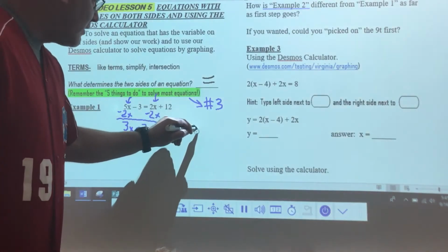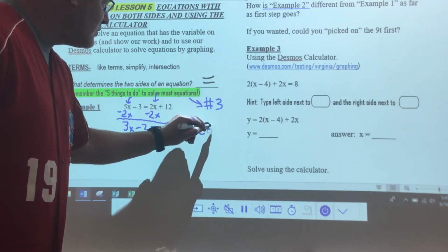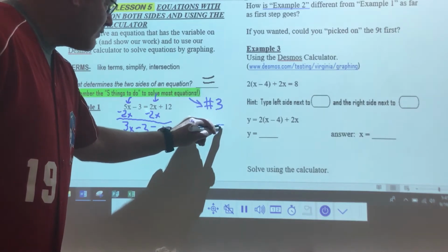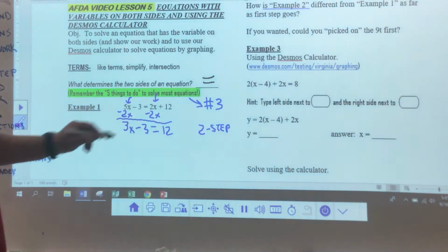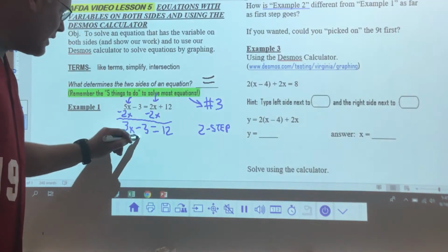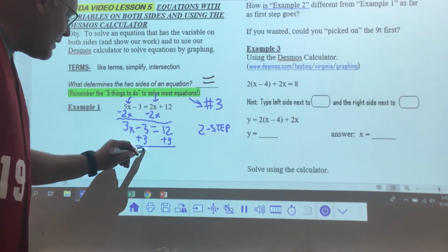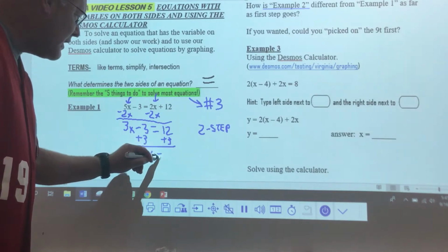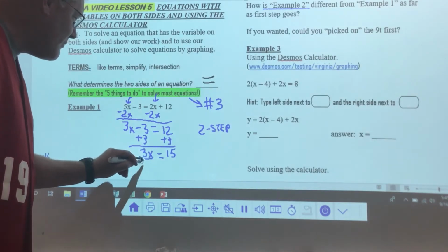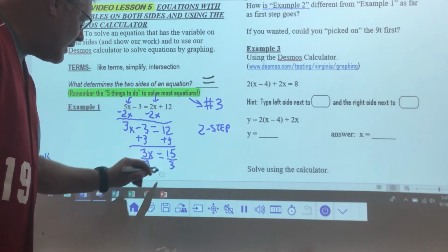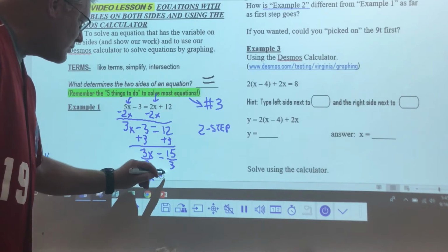But you notice right here, guys, this is a two-stepper, so you should be home free. You could go ahead and add 3 to both sides. Clean that up. You get 3x is equal to 15. And then divide that by 3, and you have x is equal to 5.